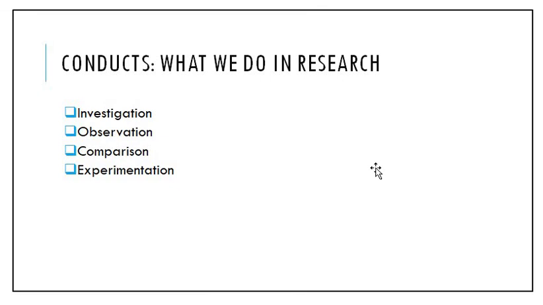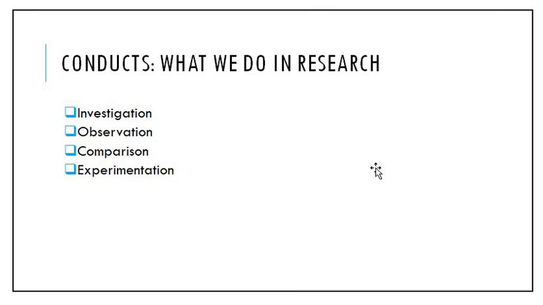Observation, basically to understand or observe the things or the phenomena that are occurring in an investigation procedure or an experiment procedure. Comparison, when we do basically, whatever has been found out during observation is to be compared with various known facts, known data, or known information.